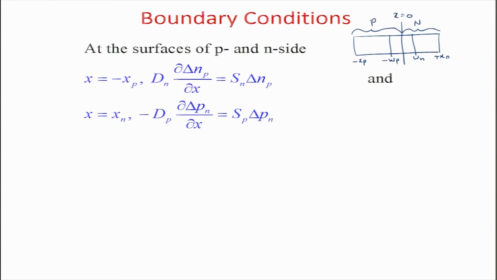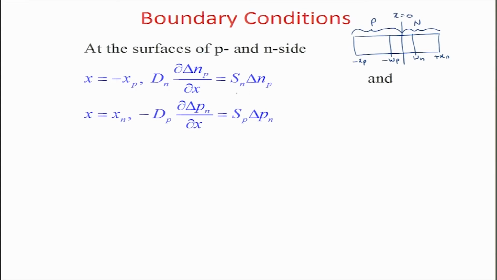Okay. So, at x is equal to minus xp, the surface: when you have a surface, the carriers go to the surface because of the presence of dangling bonds and other surface defects, so there is surface recombination. At the surfaces of the P and N side, the diffusive component, D_n del of delta n by dx, which is the diffusion current because of perturbation of charges, is equal to the surface recombination, that is Sn into delta Np.